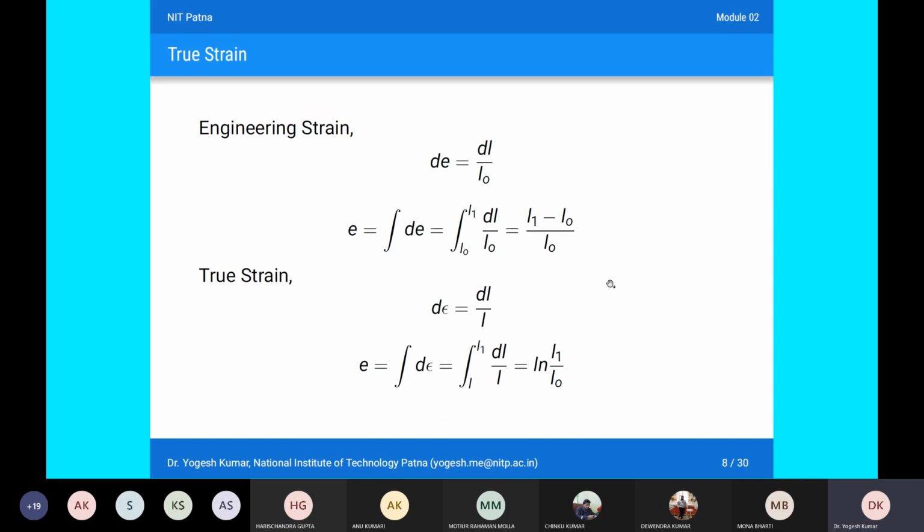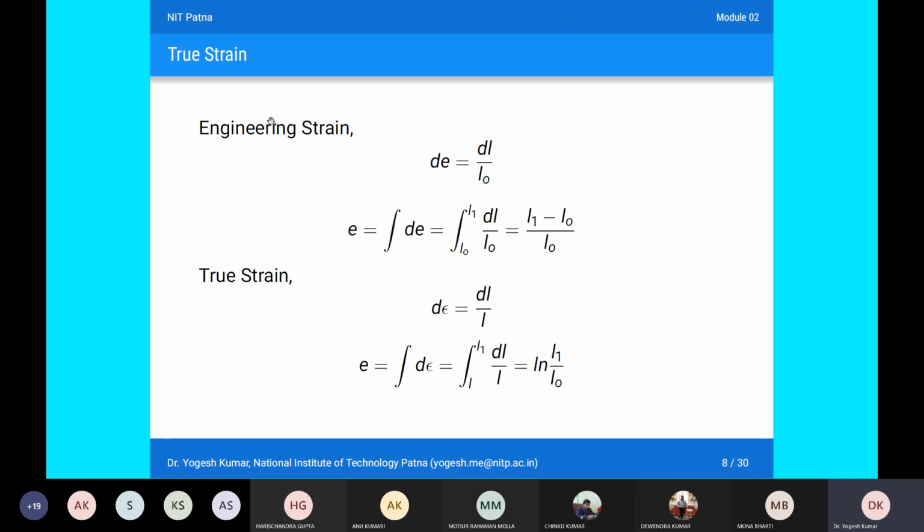We were here. Okay. So in order to get the exact or true value of your strain under the condition of tensile and compression, we are trying to compute your instantaneous true value of strain.